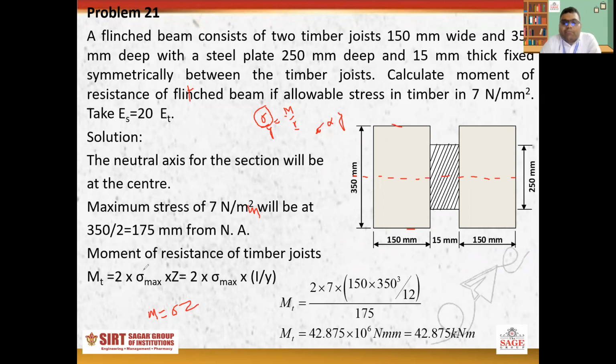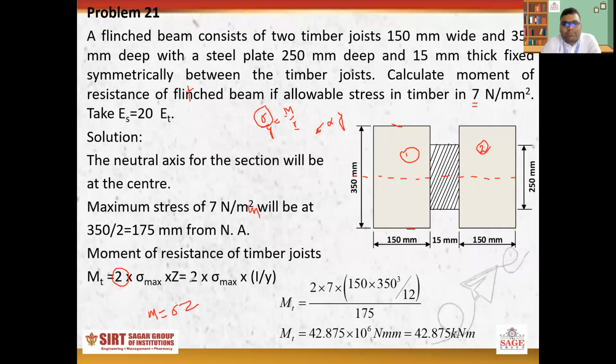So what is the value of sigma max? This is 7 for the wood. It is already given in the question for the timber or wood. Because there are two woods, one is here, another is here, so you have to make it double. So you multiply by 2, and sigma is already given as 7, and the value of Z.